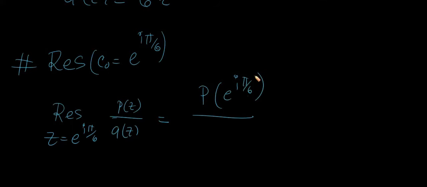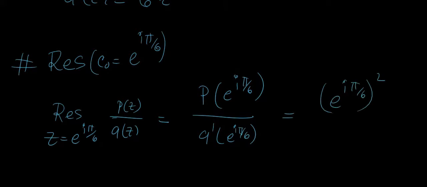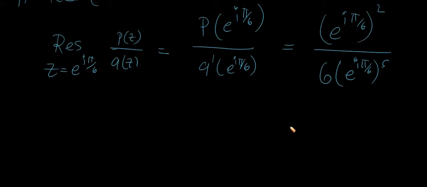I'm just plugging in the value for the point that we called z0 earlier. And P was what? z squared, right? So you will have e to the power iπ/6 whole squared, and here you will have 6z to the power 5, that means 6 times e to the power iπ/6 to the power 5. This is pretty simple algebra, and if you just do it, this will only yield 1 upon 6i.